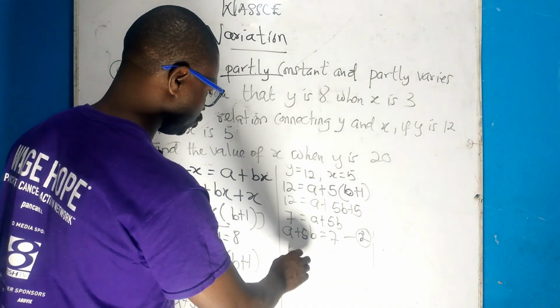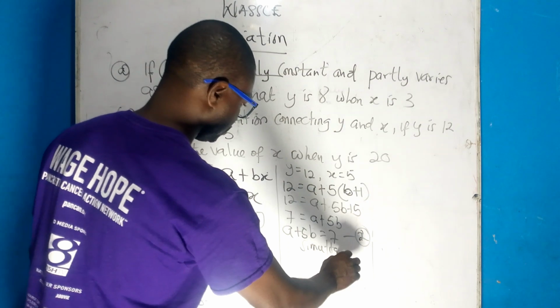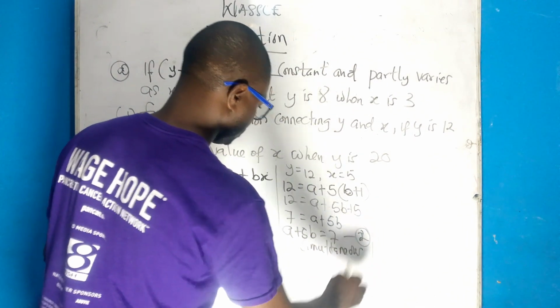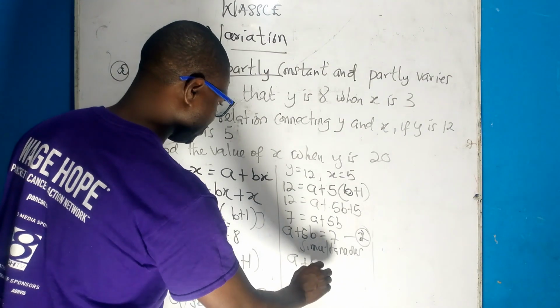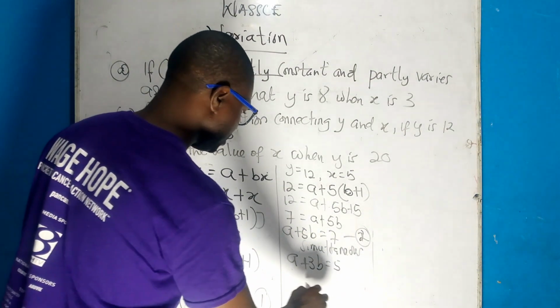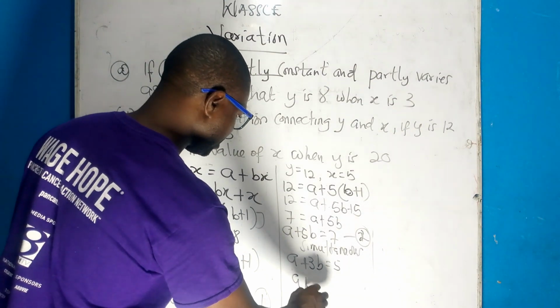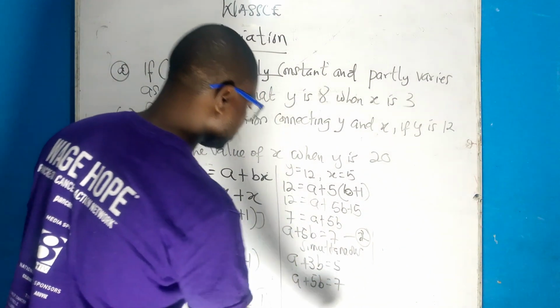So let's draw our simultaneous equations. The first equation is a plus 3b is equal to 5. The second equation is a plus 5b is equal to 7.